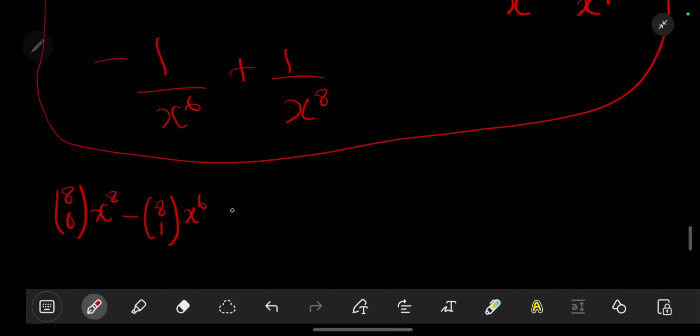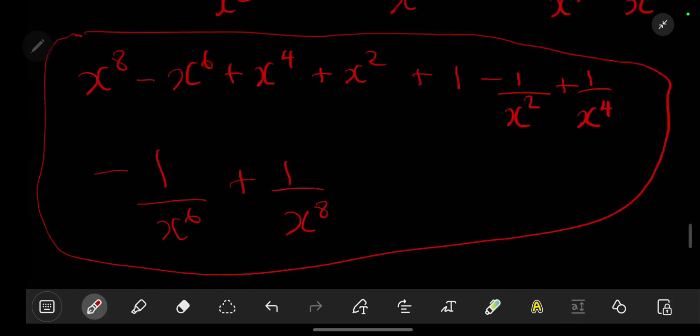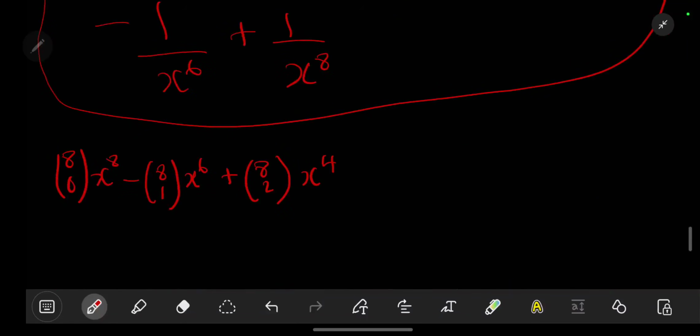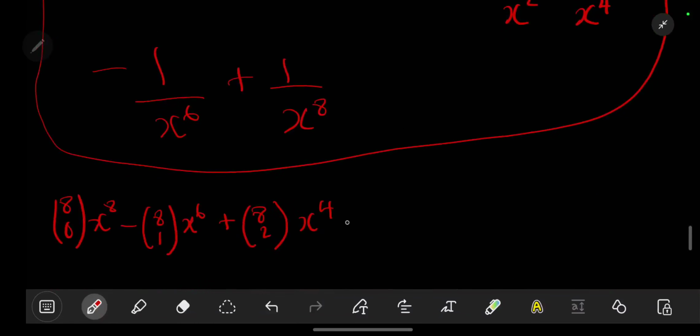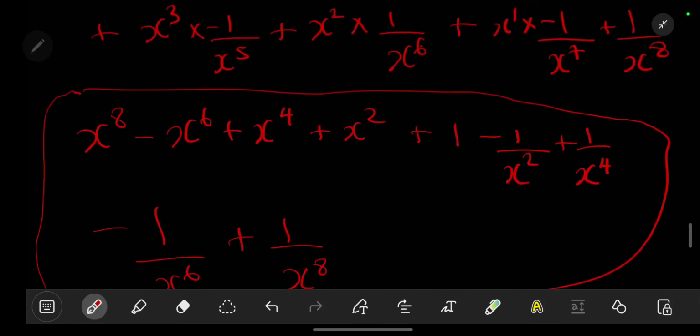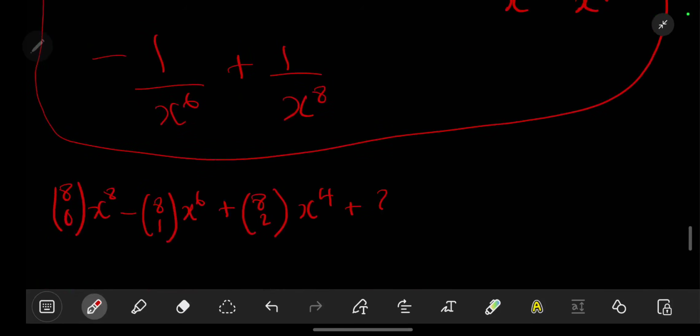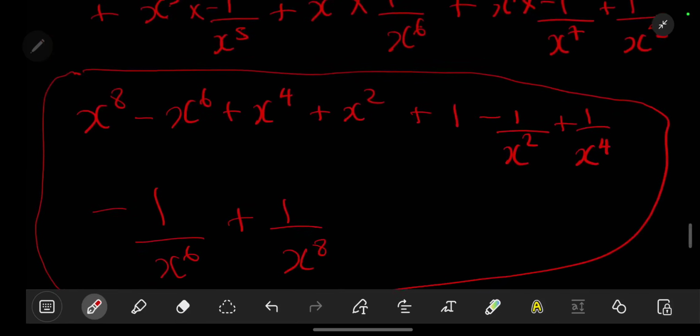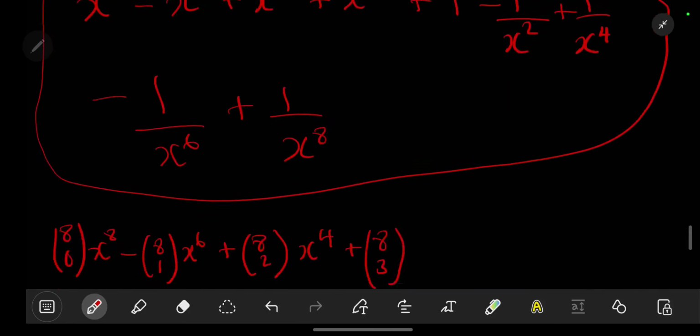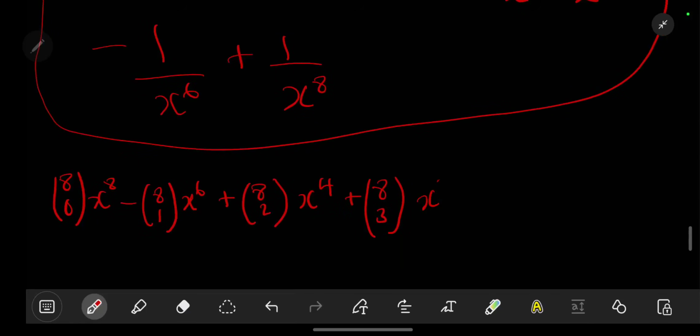Look at the sign, plus. We have 8 combination 2, then we have our x to the power of, it's reducing by 2, so we have 4. Then we have plus 8 combination 3 for the next one, times our x to the power of 2.